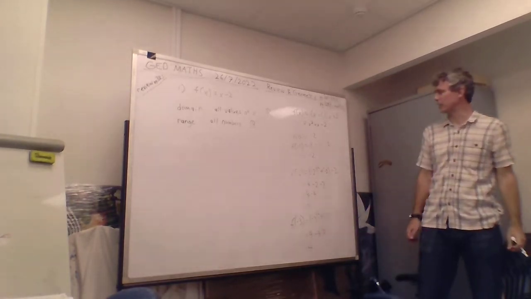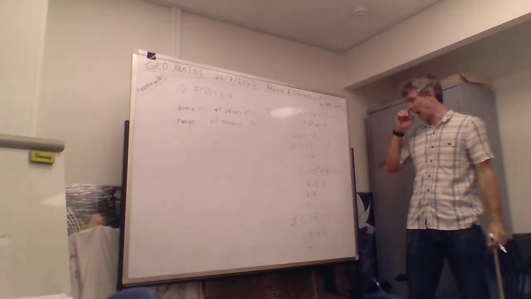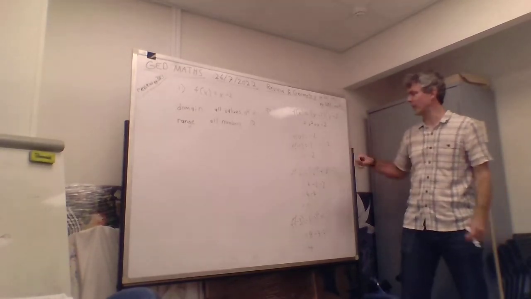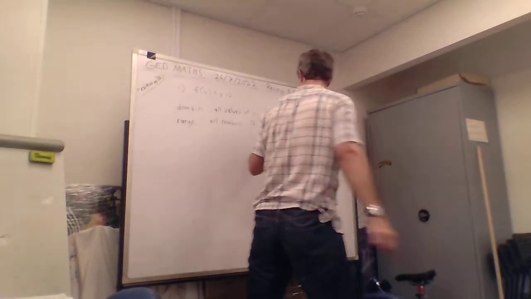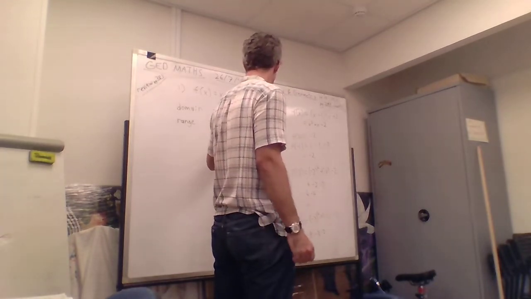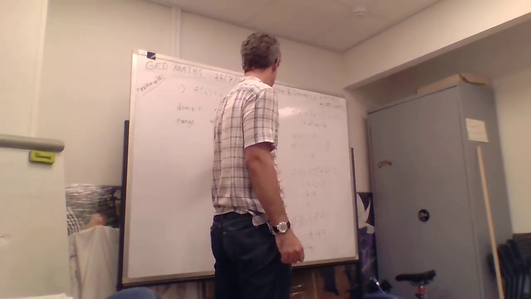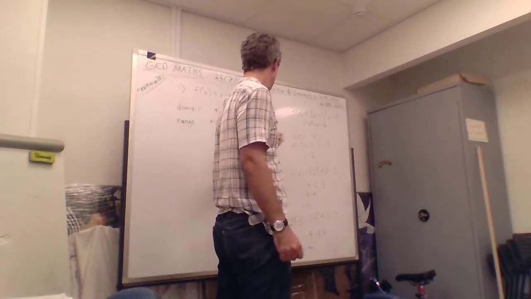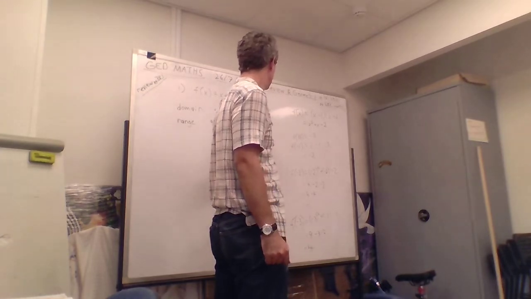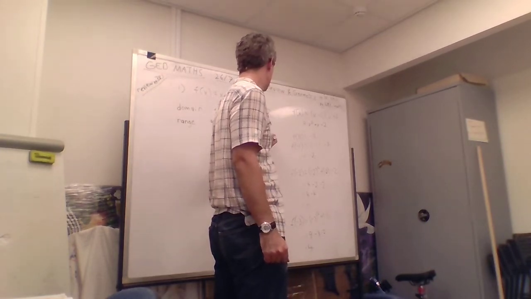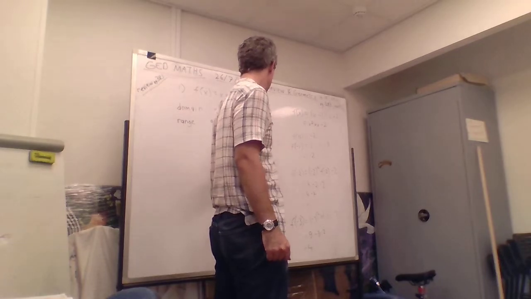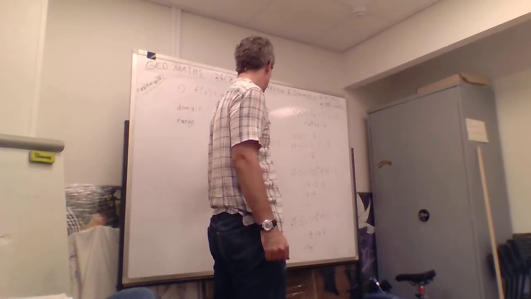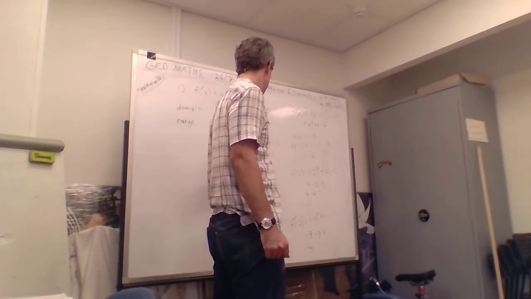Okay, so here's a question. What happens if we go more positive, right? F of 1 equals 1 squared plus 1 minus 2, which equals 2 minus 2 equals 0.